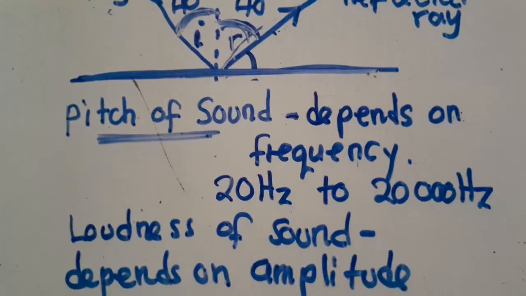This is what you need to know and understand. The larger the amplitude, the more energy it contains, and therefore the louder the sound. This is what you need to know and understand.